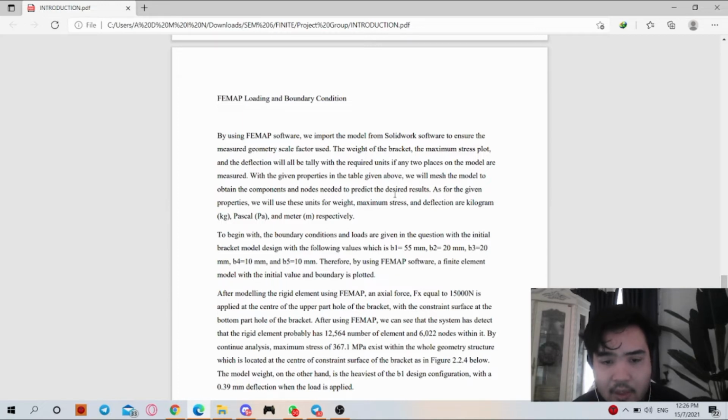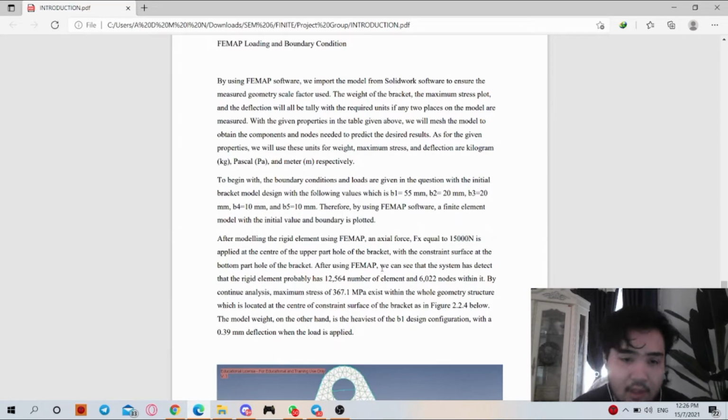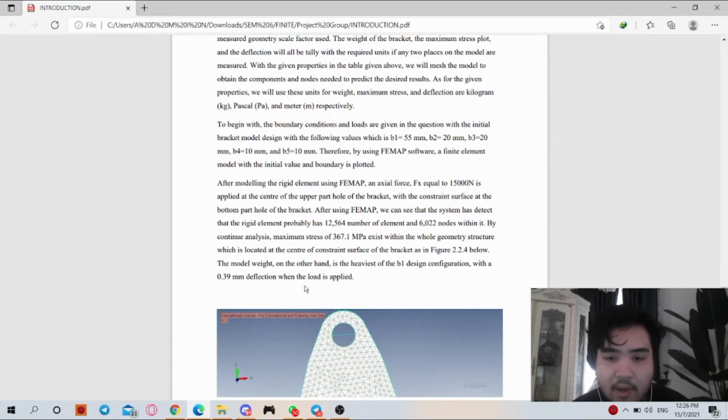To begin with, the boundary conditions are given in the question with the initial bracket design with the following values of B1 and the others. Therefore, by using the finite element software, a finite element model with initial values and boundaries is plotted. After that, a force equal to 15 kilonewton is applied at the center of the upper hole of the bracket.